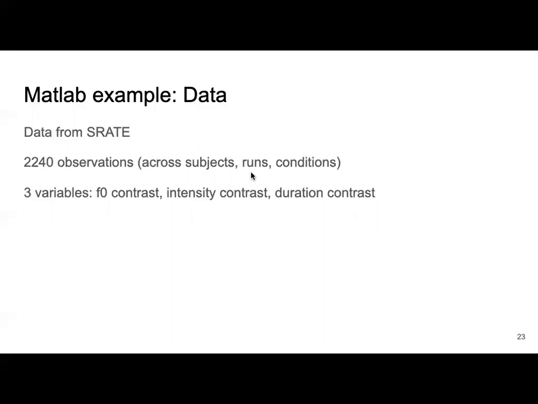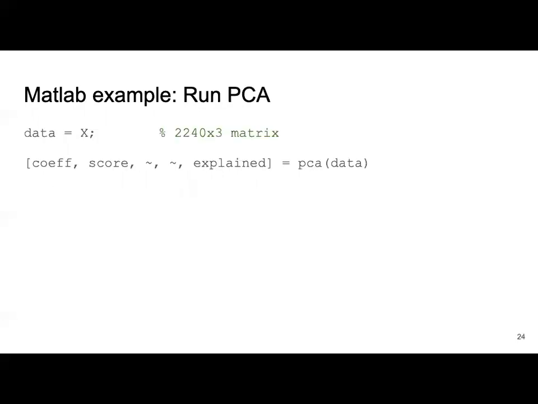So altogether, it adds up to many observations. And for each observation, I had 3 variables: F0 contrast, intensity contrast, and duration contrast. And so the idea was, can we reduce these variables down to 1 or 2 components that I could then use in further analyses.